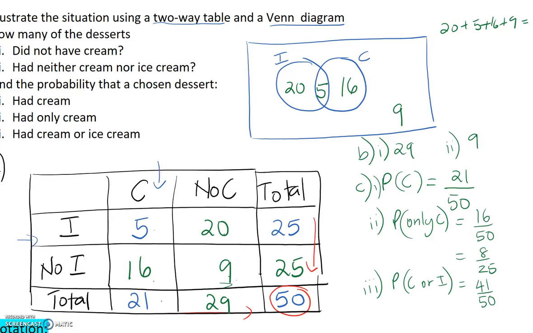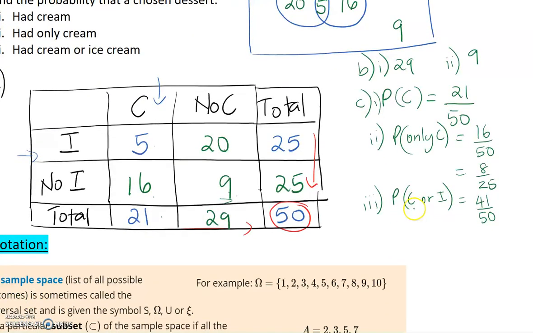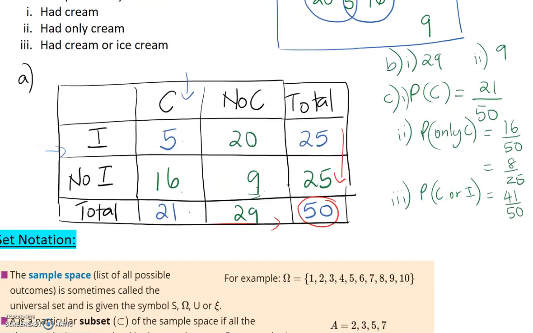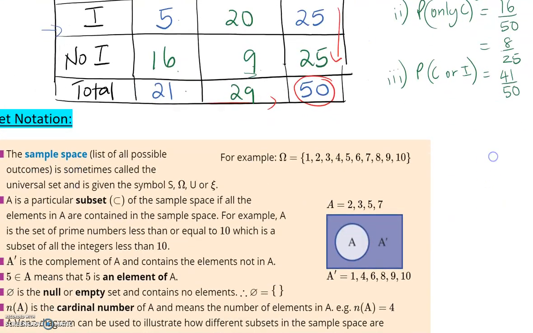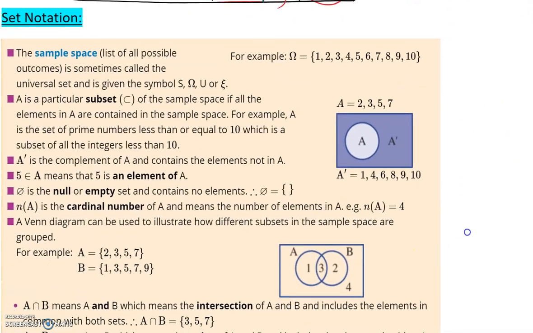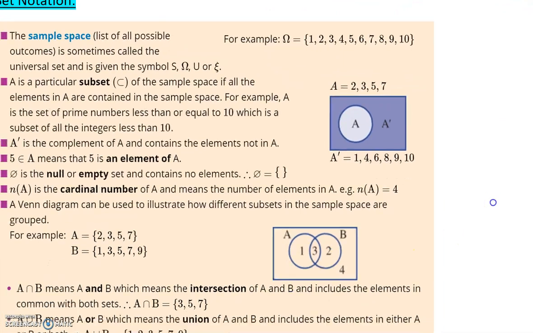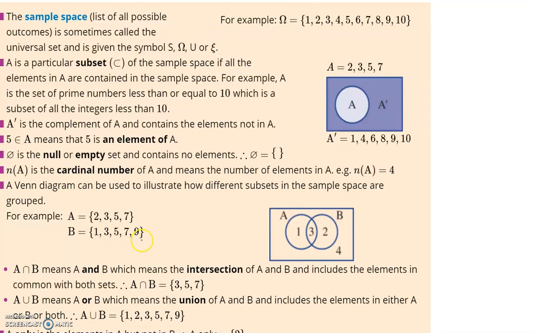Okay, now this cream or ice cream takes us to the next part, which is set notation. Now set notation is where we actually talk about our Venn diagram, so all the information, all the events, and we use specific language.